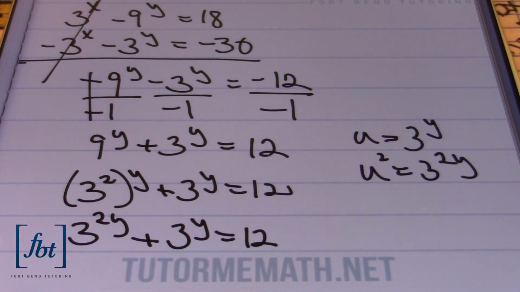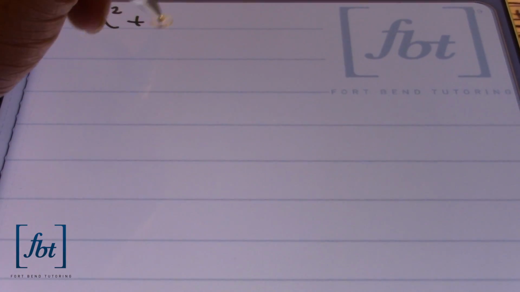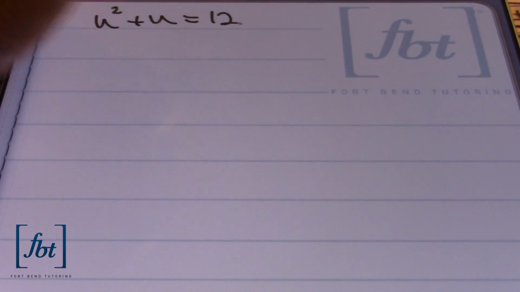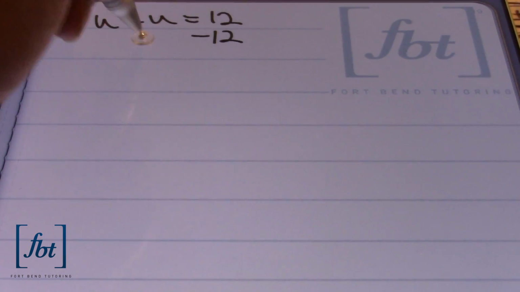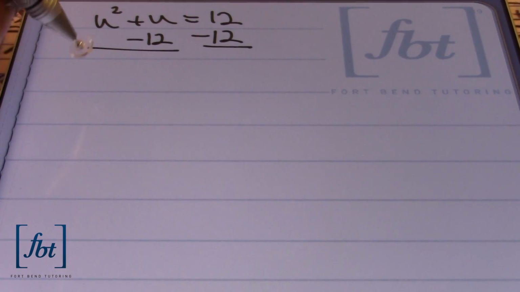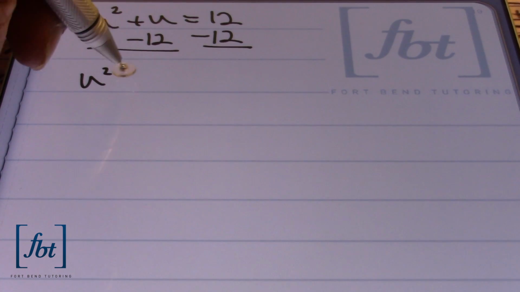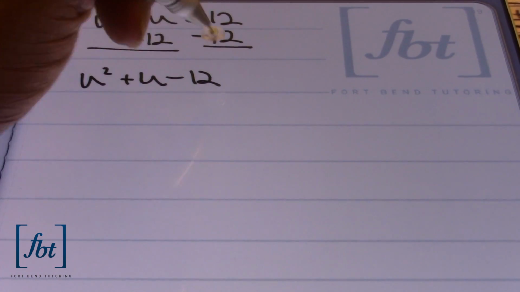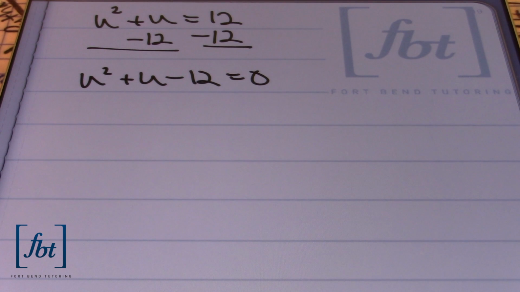I'm going to use that substitution to rewrite the equation as u^2 + u = 12. If I subtract 12 from both sides, setting the equation equal to 0, you'll have u^2 + u - 12 = 0.